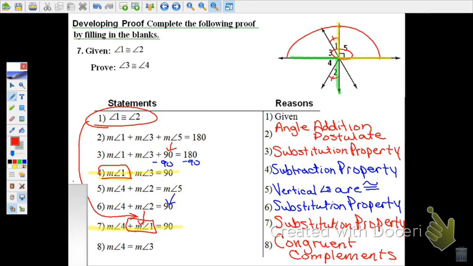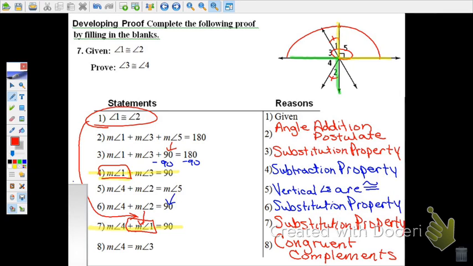Because we had two groups of complementary angles that both had a 1, the 3 and the 4 would have to equal each other. So by using congruent complements, knowing that now and being able to use it, saves us a lot of time.